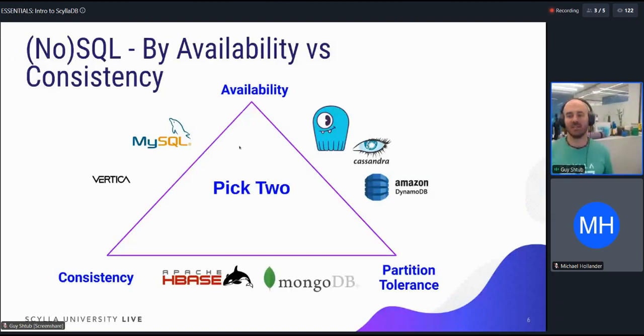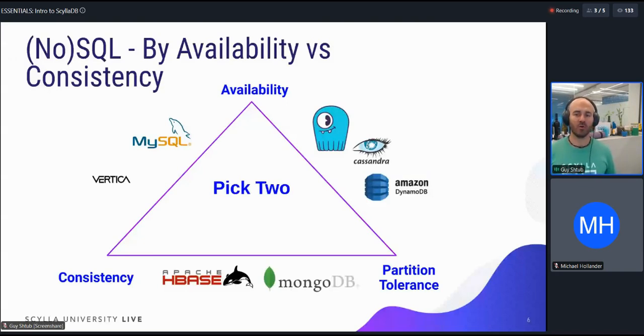Okay, so let's go over them quickly. Availability means that we'll always be able to serve requests in our database and answer queries. Consistency means that, well, there are different ways to define consistency, but one definition is that for every read, we're going to get an answer that is the latest write for that data.